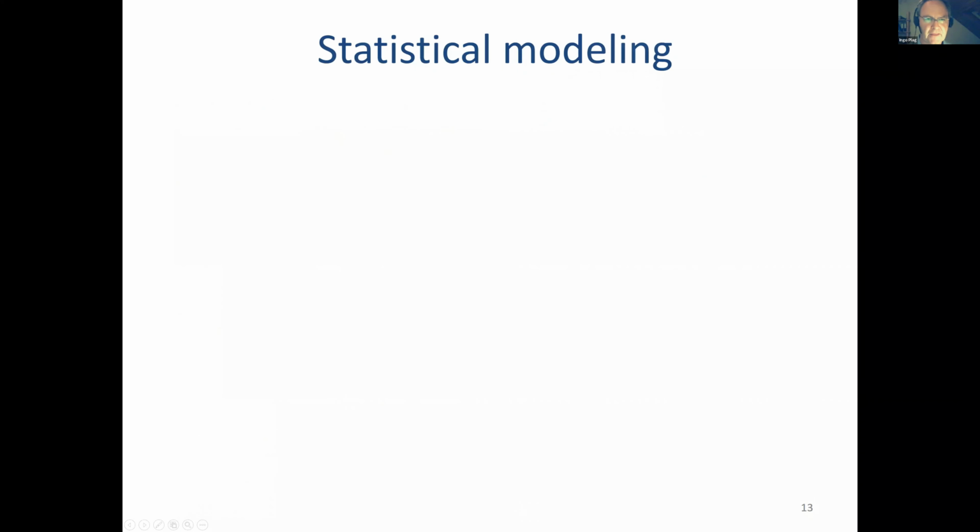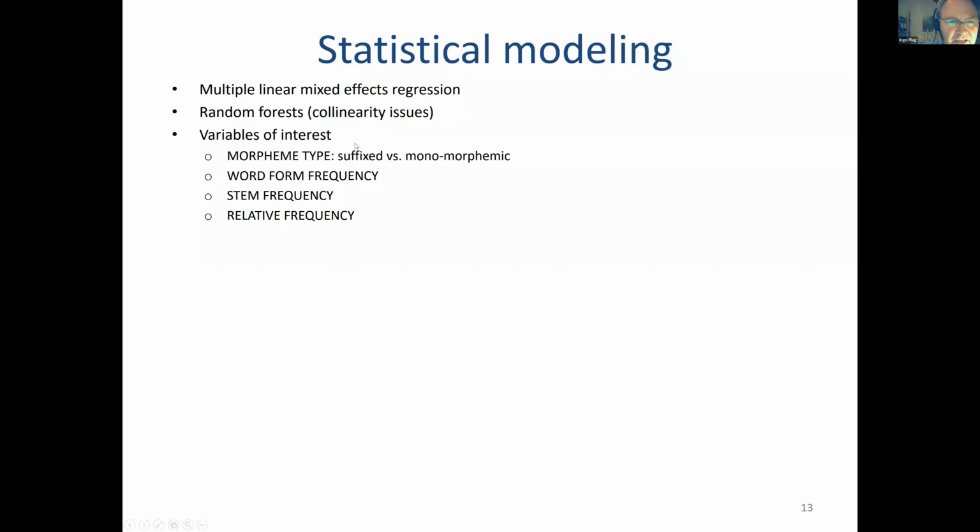Okay. How did we do the statistical modeling? The problem with corpus data is, of course, that they are more messy, with less control. That means you need a rather sophisticated statistical modeling technique. In this case, we used multiple linear mixed effects regression. We also used random forests to address collinearity issues, and also other measures to take care of collinearity. We had different variables of interest.